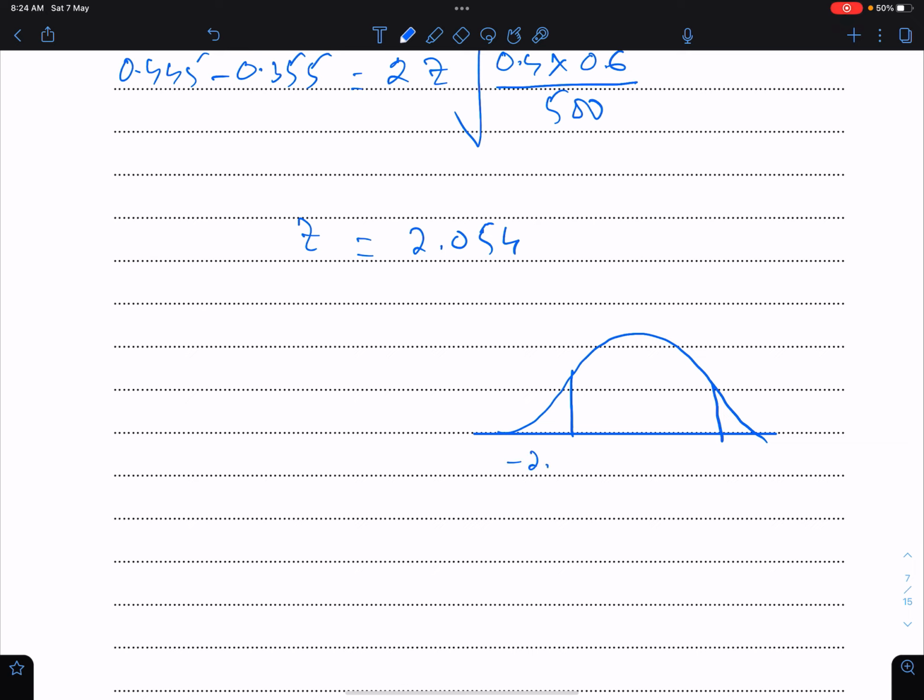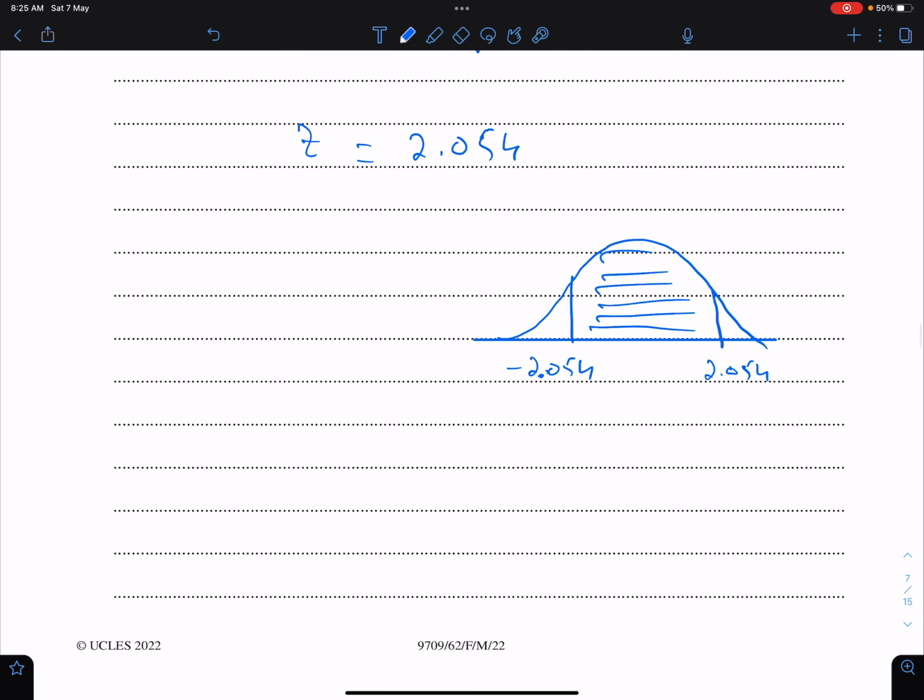This is negative 2.054 and this is positive 2.054, and we need this area. So the confidence level is 96%. You all know how to find this area.